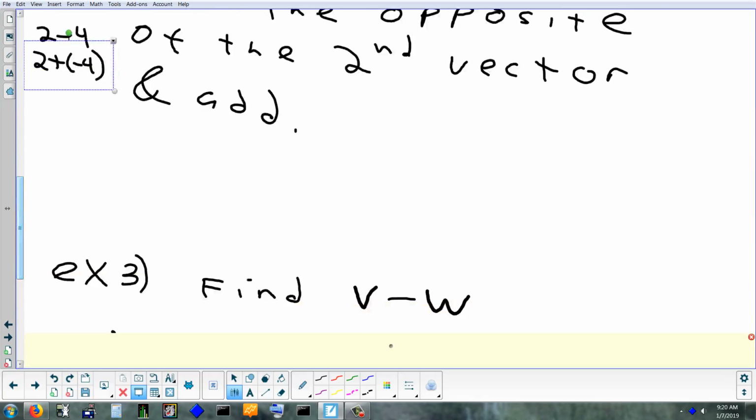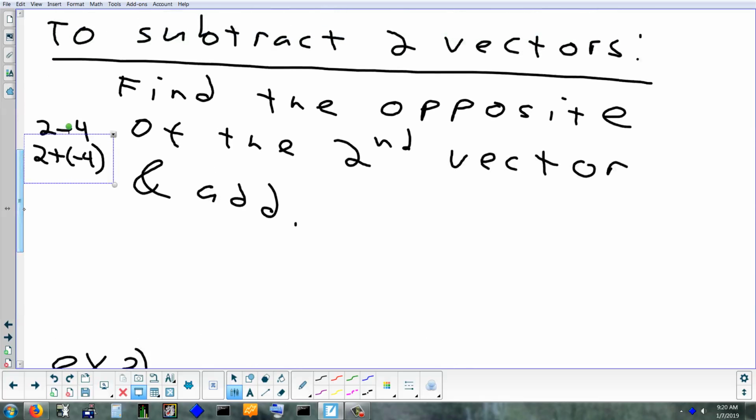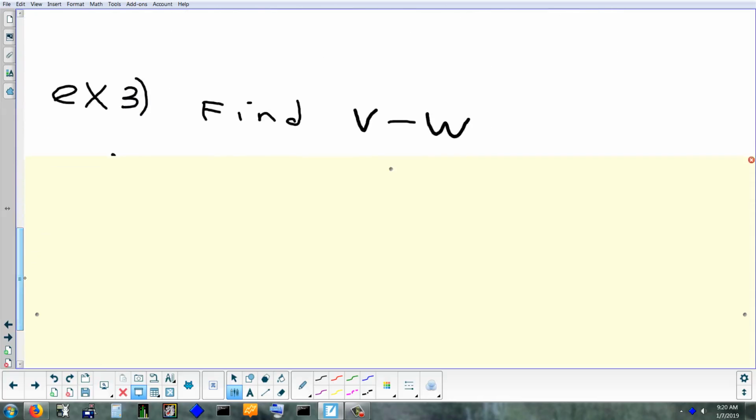Okay, so let's try an example here. Anyone have the directions that anyone wanted to copy? All right, so let's look at v minus w. So how am I going to think of v minus w?